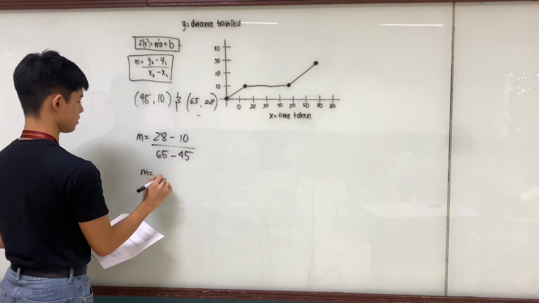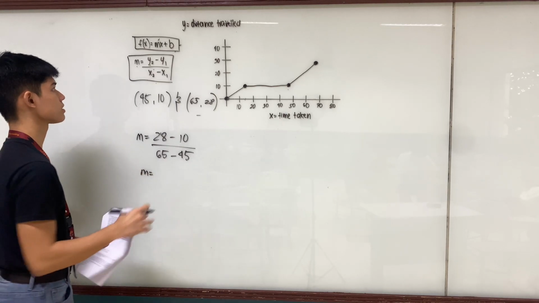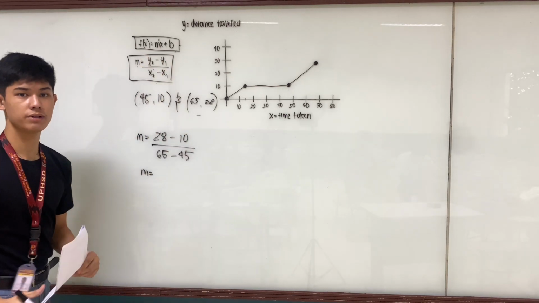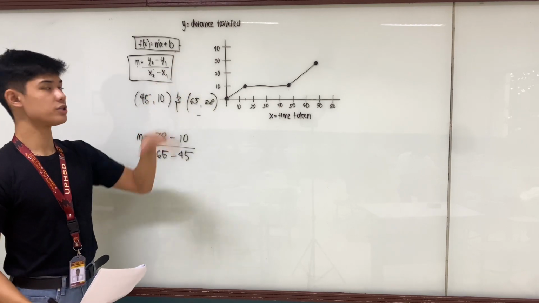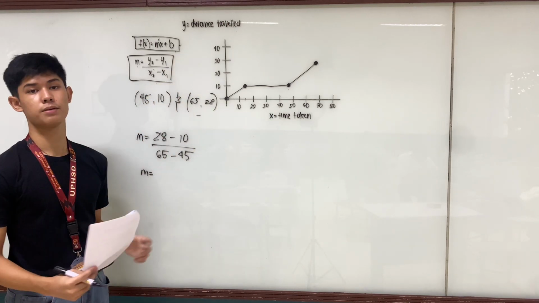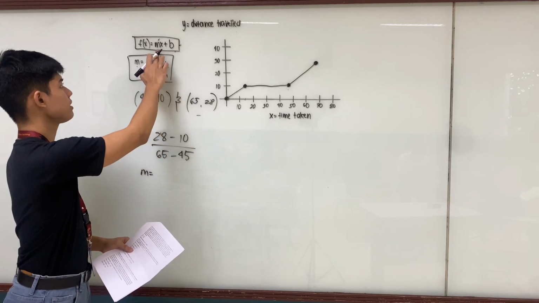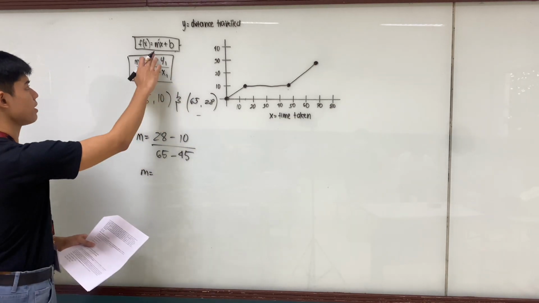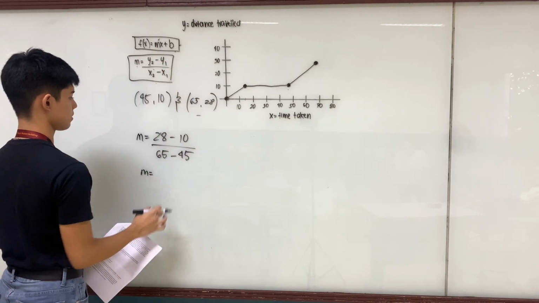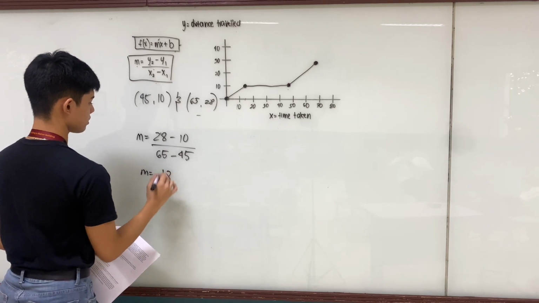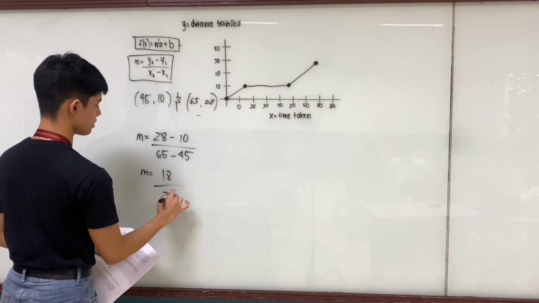We're getting m first since the slope-intercept formula is where we will get our piecewise function. We need the slope. So the slope is m, and m is equal to this. This is what we're solving right now. So it gives us 18 over 20.